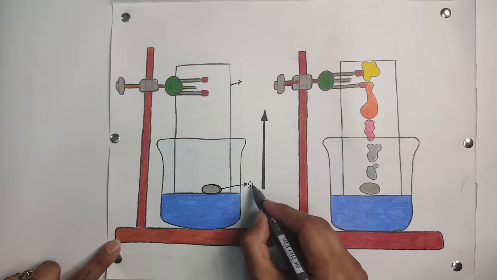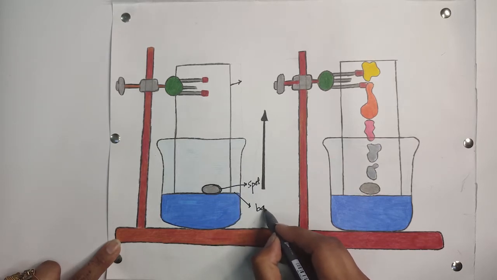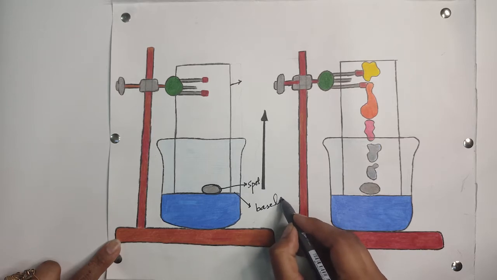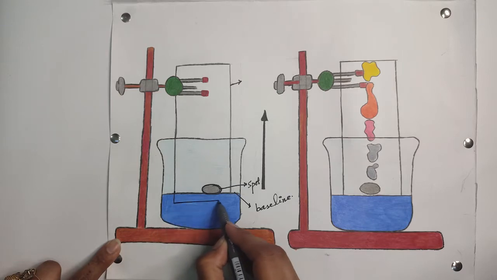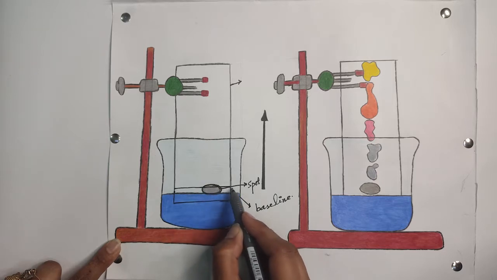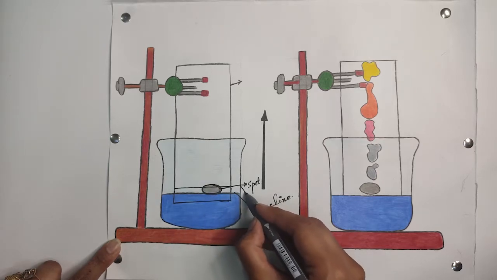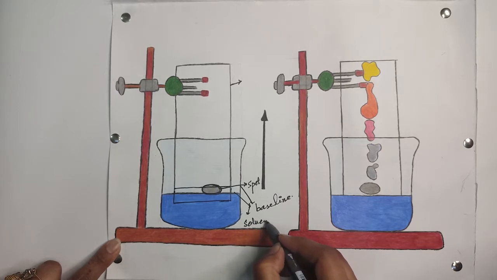This is the spot on the baseline, and the solvent level should be below it. This is our baseline, and this is our solvent level.